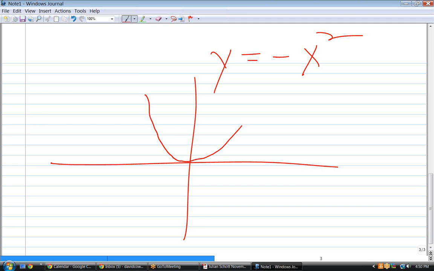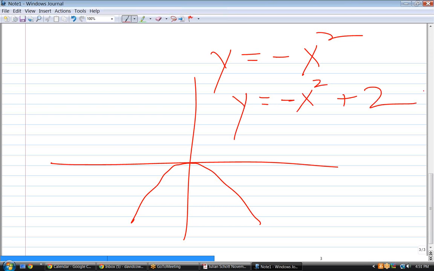So there's y equals x squared. There is y equals minus x squared. And if I say y equals minus x squared plus 2, the order that I do these in is important, because if I do the reflection first and then the vertical shift, it moves it up to there.